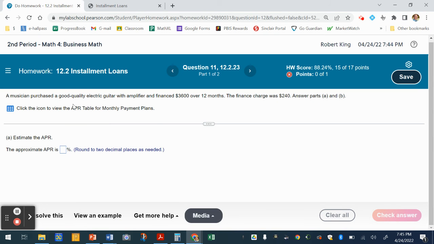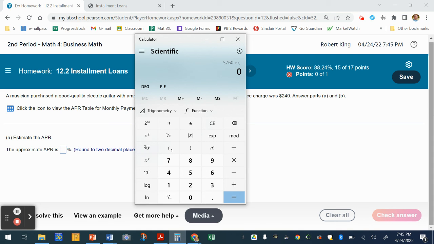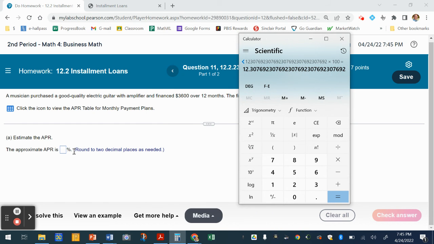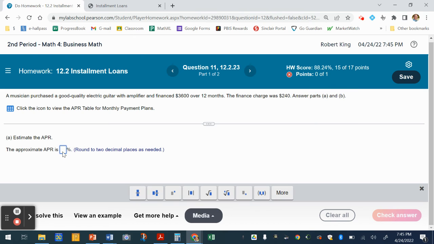So there is no down payment made on this guitar. You're financing the full $3,600 and you're making 12 payments. So you're going to multiply by 13. So $3,600 times 13, close the parentheses, equals, and then we want that as a percentage, so I multiply by 100, and I get 12.3%. So it's round to 2 decimal places, so it'd actually be 12.31.